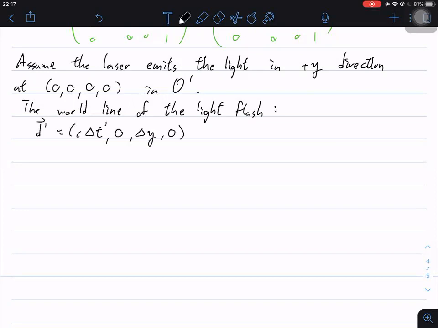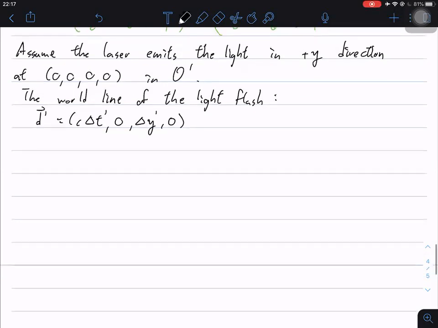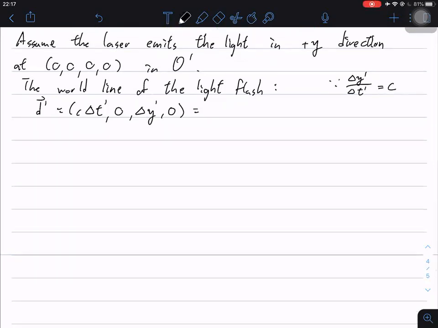Since the light is moving at the speed of light, delta y prime over delta t prime equals c. So we have this as the path of the light in O prime frame.